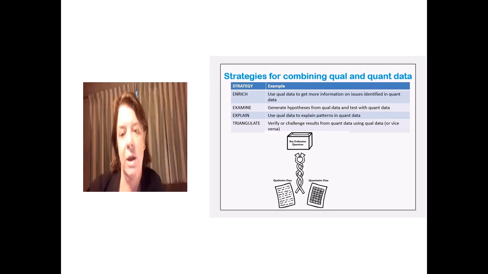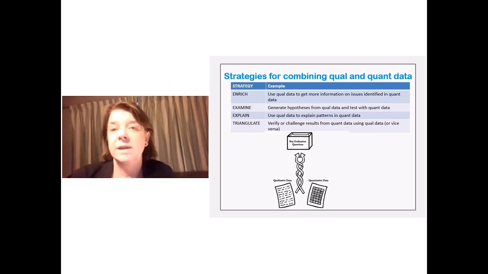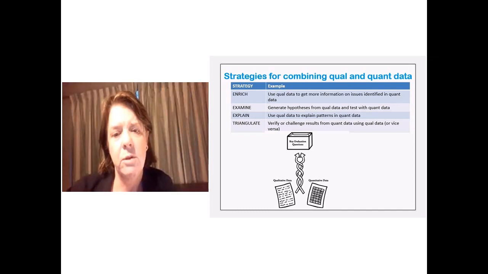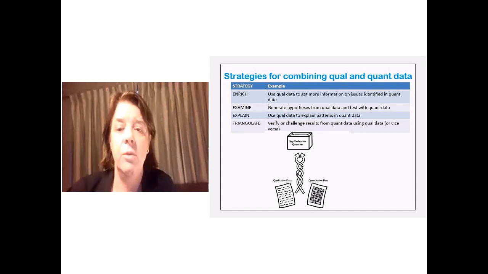You have to be linking them and combining them throughout, and you might be doing them in parallel, or you might do them in sequence where you do some quant and then some qual, or vice versa. So in the brief we've talked about 4 different strategies. One is that you enrich your understanding. So you might identify some issues in your quantitative data, like in a survey, and then you use qualitative data to get a better understanding.